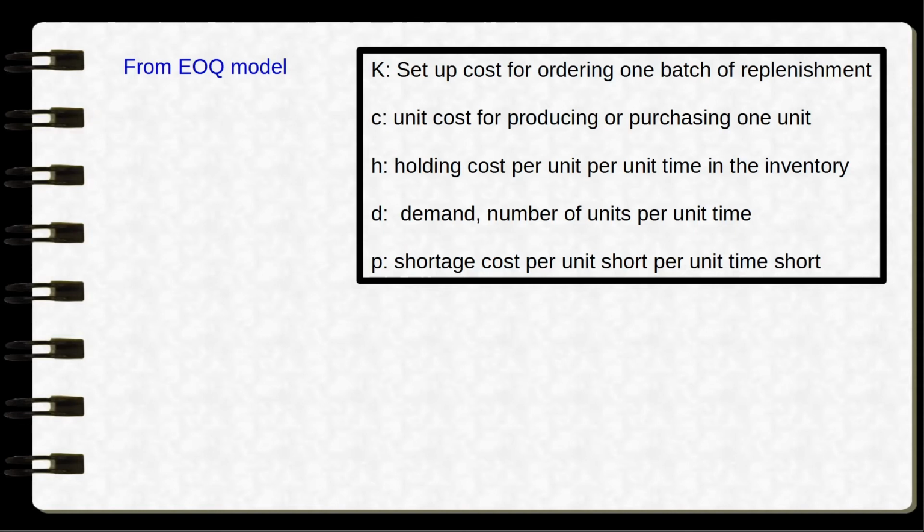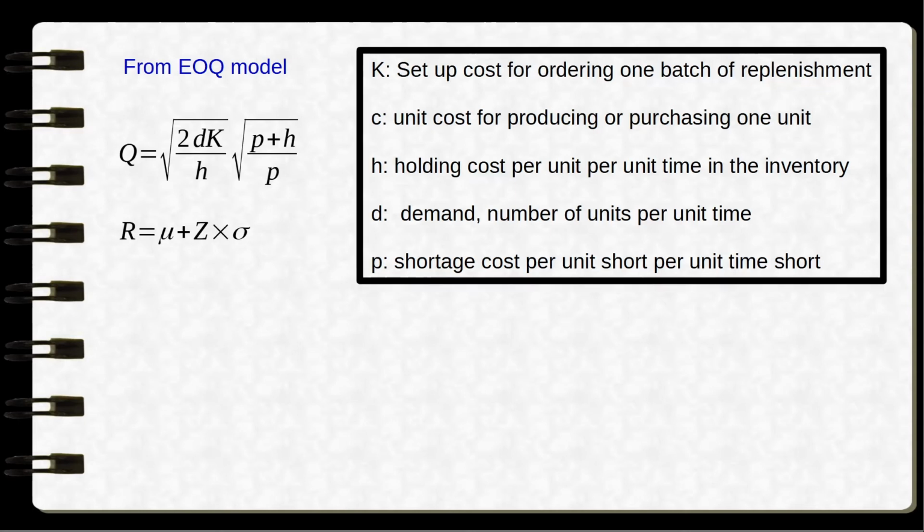Now from the economic order quantity model, that is the EOQ model, Q is given as shown on your screen, where K is the setup cost, C is the unit cost, H is the holding cost, D is the demand, and P is the shortage cost. Here in this model, we are assuming that we allow shortages.